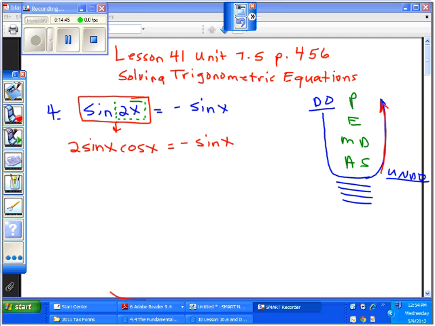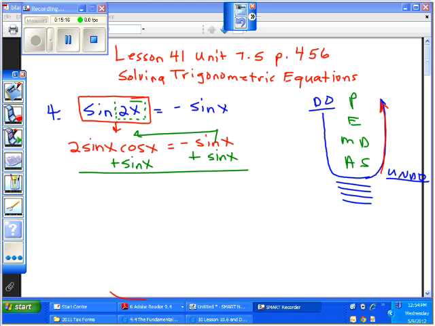Now, we want to get sine x cosine x by itself, set it equal to a number, and so what we could do is set it equal to 0, or we can just get this off to get it on the other side. So I'm going to move this over here with the rest of the stuff just to have a number 0. And so I'm going to add sine x to both sides.